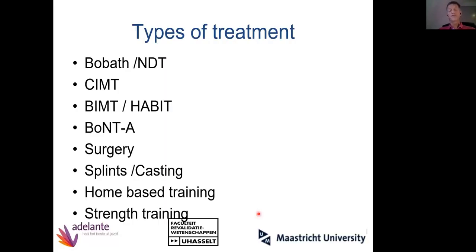And these types of treatments are most frequently named: Bobath therapy or neurodevelopmental treatment, the constraint therapy already named, constraint-induced movement therapy, but also the bimanual intensive movement therapy, also called HABIT, the botulinum toxin, you named it already, surgery, both bone surgery and tendon surgery or multi-level surgery, also at the upper limb.